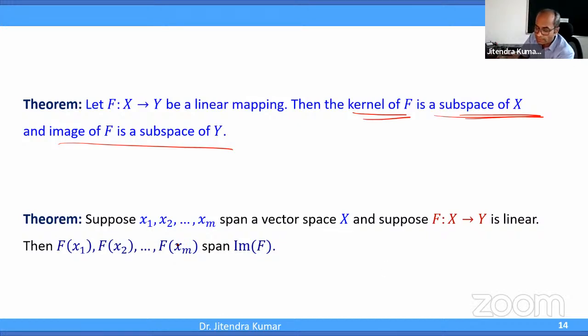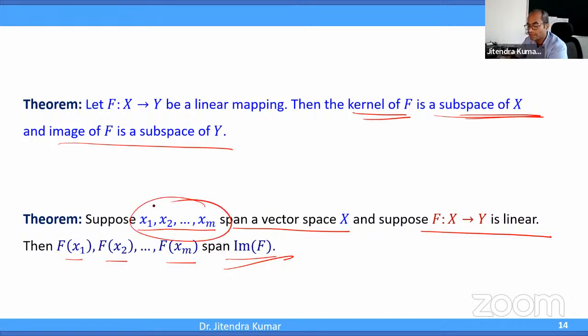The theorem says that suppose x1, x2, ..., xm span the vector space X, and suppose there is a linear map f. Then f(x1), f(x2), ..., f(xm) will span the image of f. This is a very important result: we have a spanning set of X, and then we have a spanning set of the image itself. So we can tell something about the image, find a basis of the image, and find the dimension of the image once we have the spanning set of X.